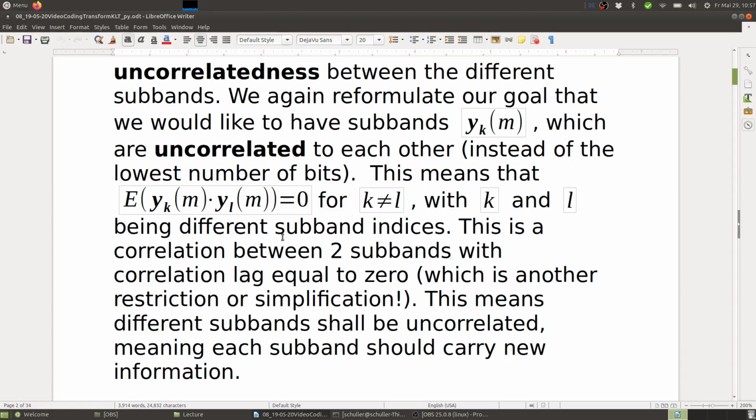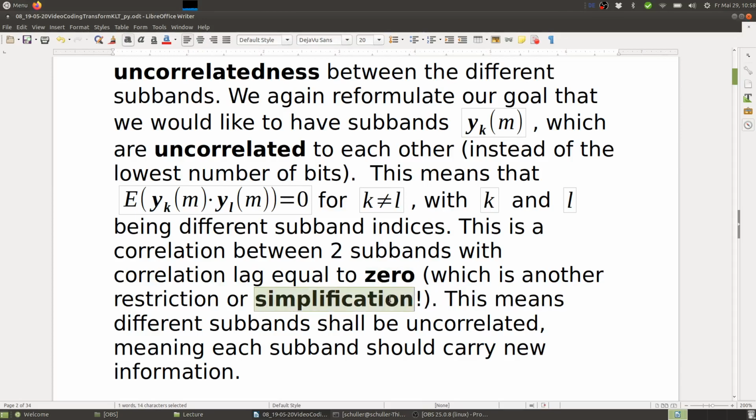We just take the cross correlation at time lag 0. So we are getting further and further from our original requirement of having the least amount of bits. But at least this way we get a solution.